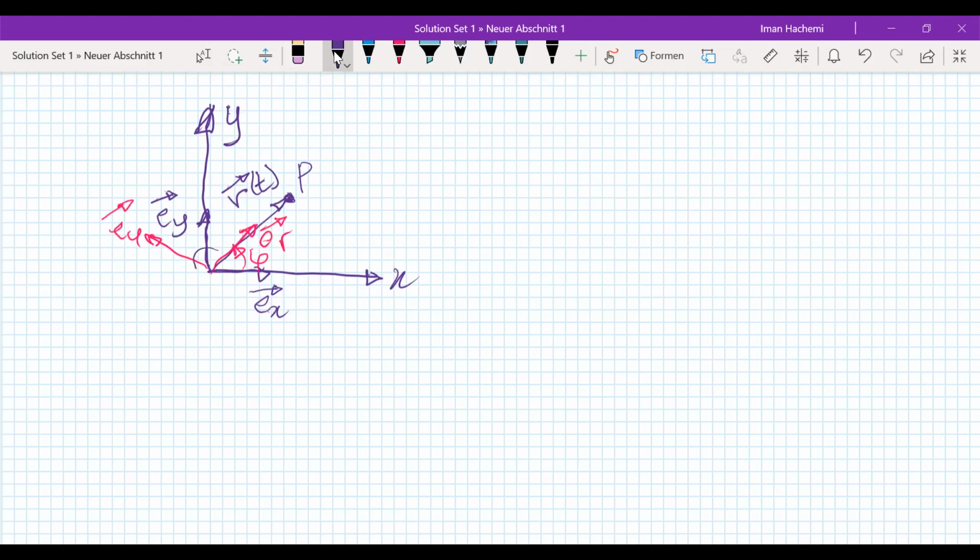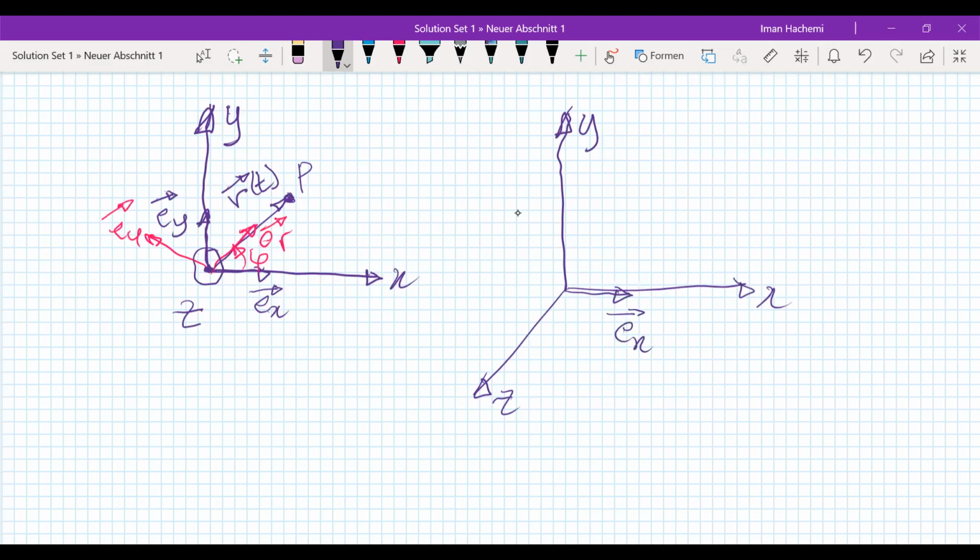Then we have outward the third axis. If I rotate the system here, I can represent it as follows: we have y, x, and z. That means here we have Ex, Ey, and Ez.